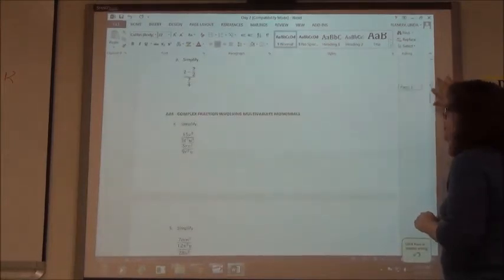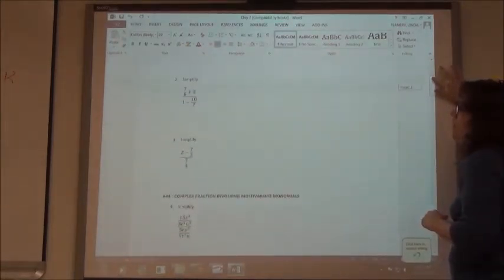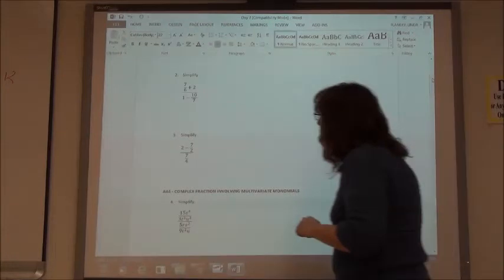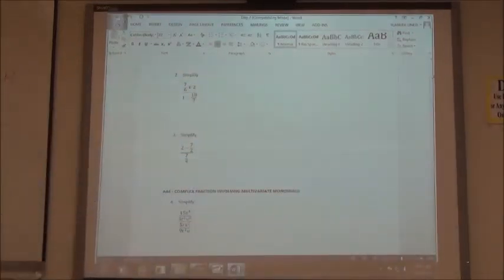So, if I move to number 2, it wants to go all the way down farther. First of all, if I do it without my calculator, what am I going to multiply everything by?